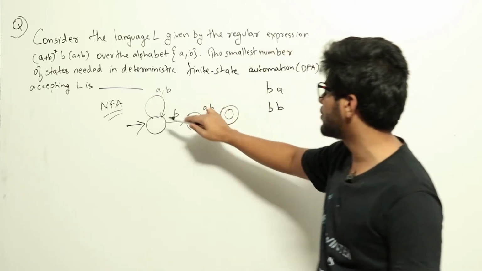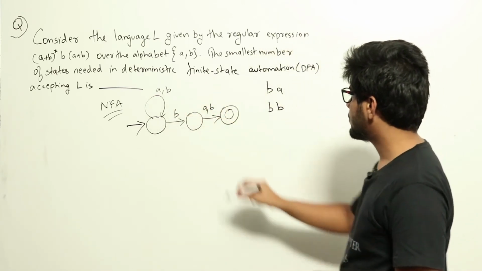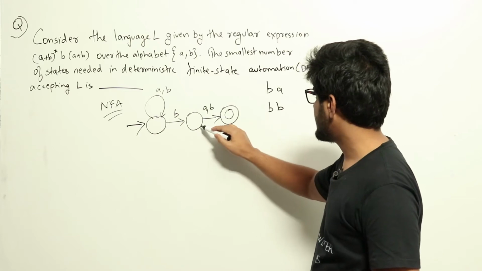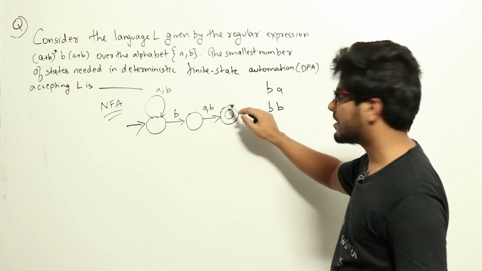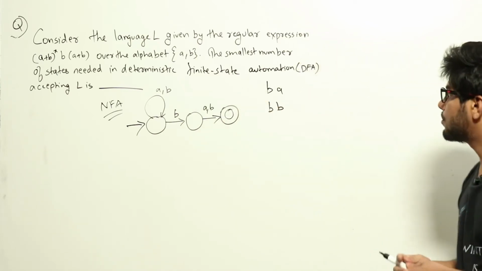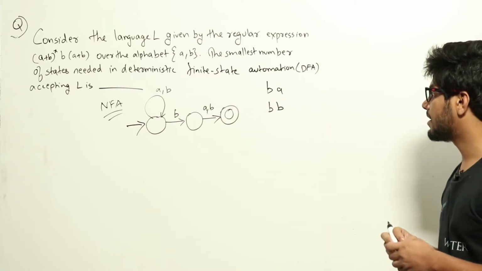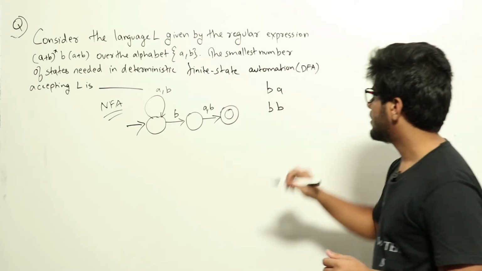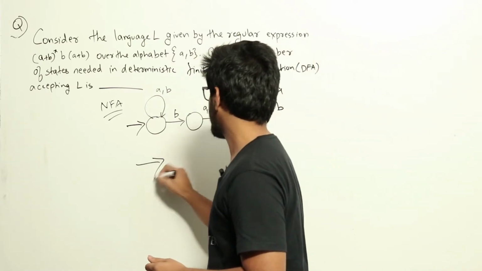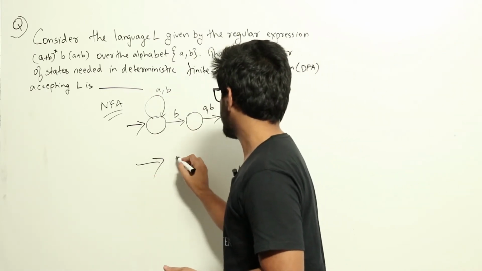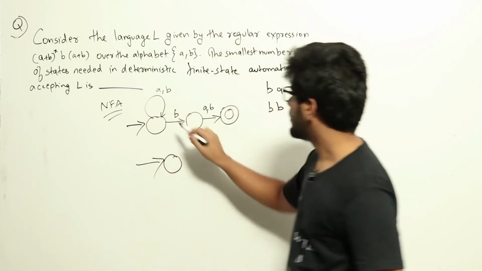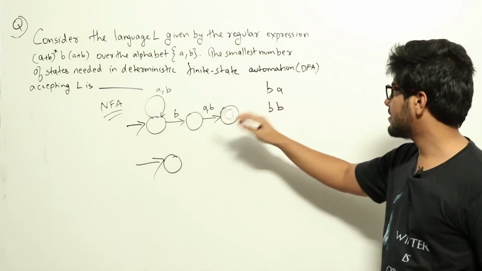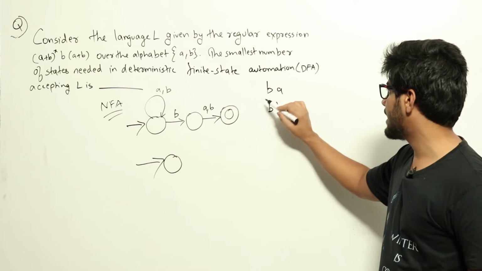For the same B we are going to two states, and for this state, on A and B, I haven't given any output. That also I need to provide to convert to a DFA. So let us start from here. As long as we see A's, it doesn't matter because it's a string ending with BA or BB.